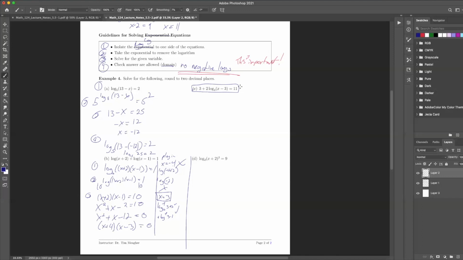Anyone get it? All right, does anyone have an answer?